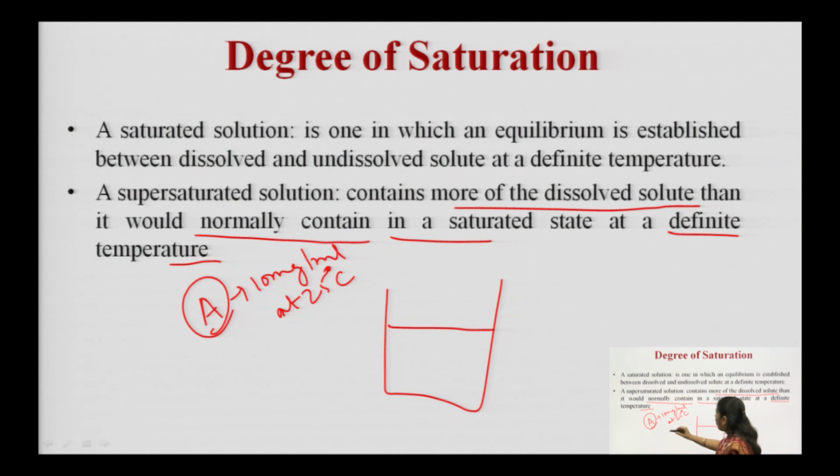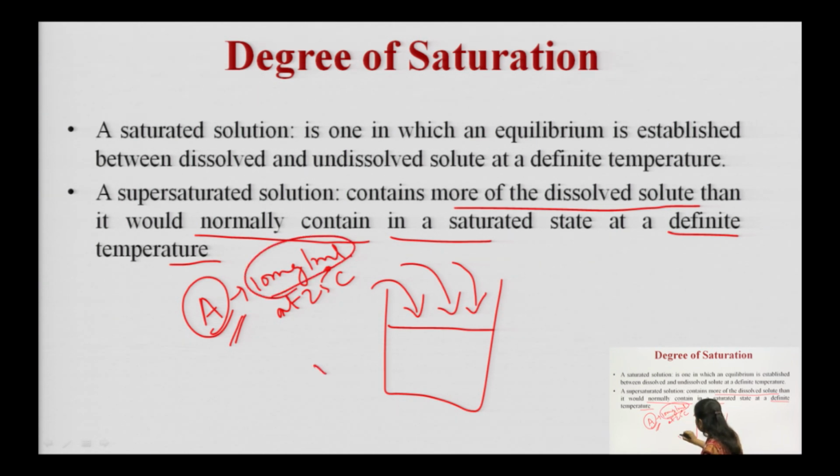The amount of A will be more than this 10 mg, means it will be, suppose, 12 mg per ml, or it may be 13 mg per ml. Likewise, the amount of solute A will be more than its saturated concentration.